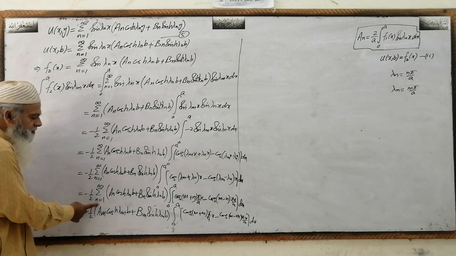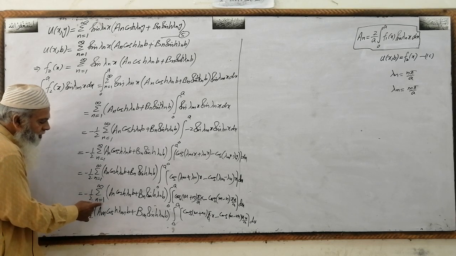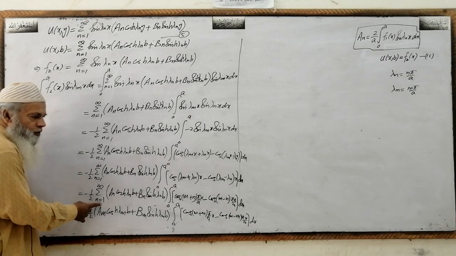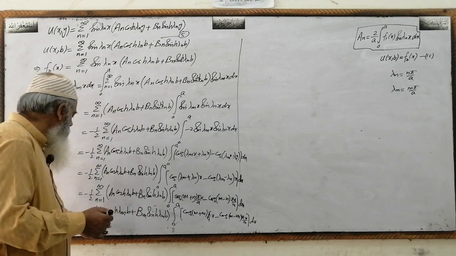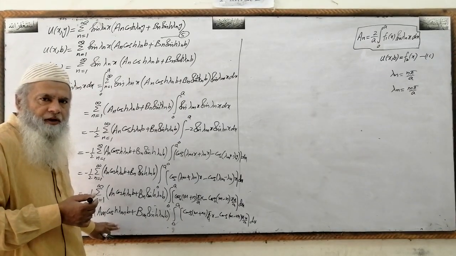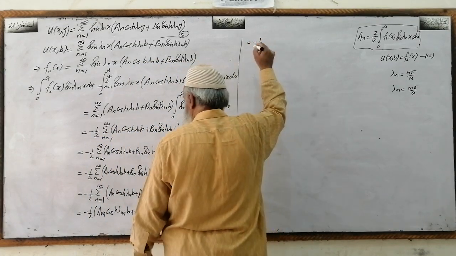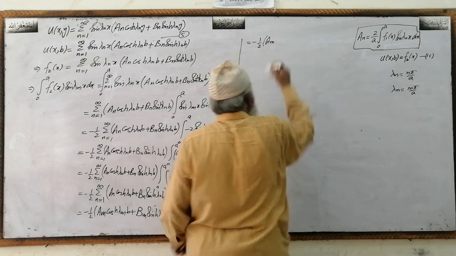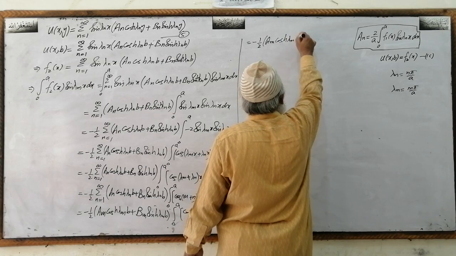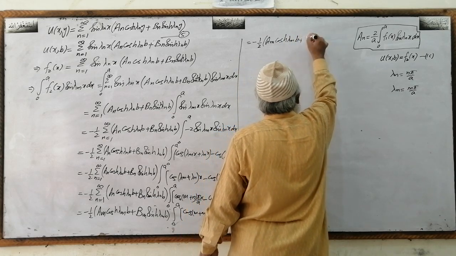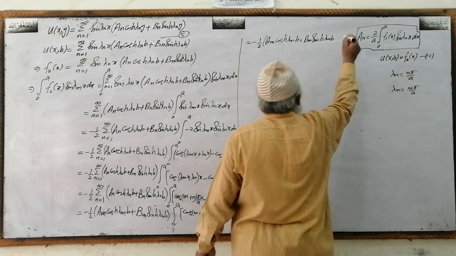Why is this summation removed from here? While going the values of n from 1 to infinity, the only value when n is equal to m will give you the non-zero integral answer. That's why all the remaining terms will be 0. And we will have here minus 1 by 2 a m cos hyperbolic lambda m b plus b m sin hyperbolic lambda m b.